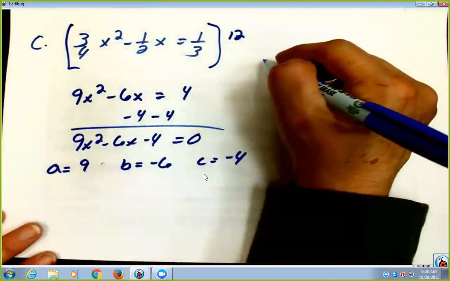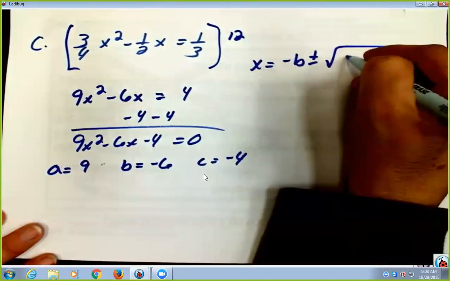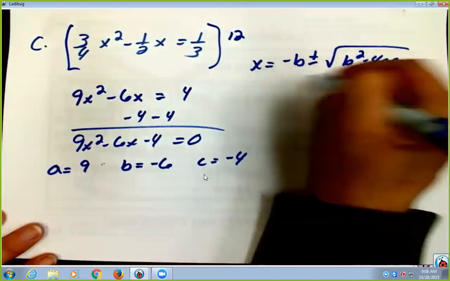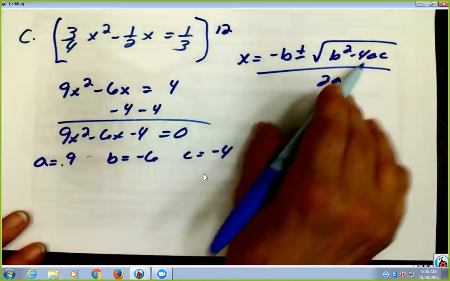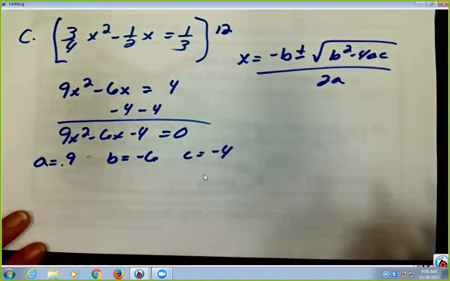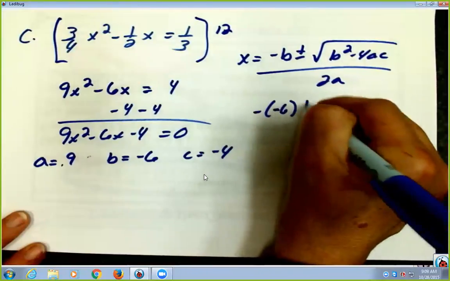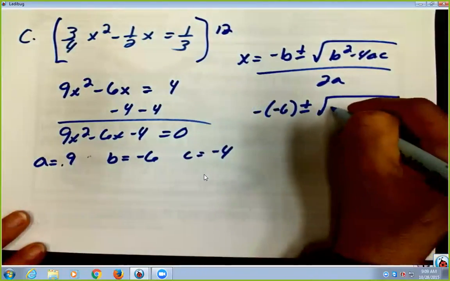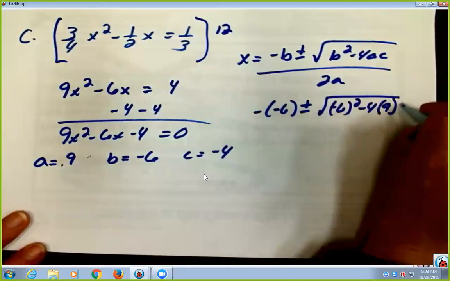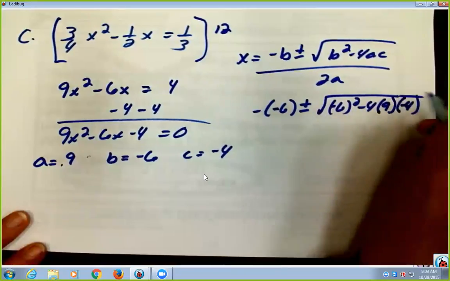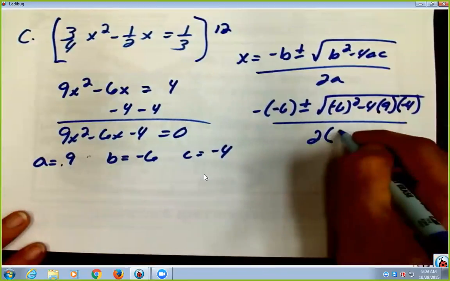So if I write it down again, x equals a negative b plus or minus the square root of b squared minus 4ac all over 2a. Plug in 9 for a, negative 6 for b, and negative 4 for c. So I have a negative times a negative 6 plus or minus the square root of a negative 6 squared minus 4 times 9 times a negative 4 all over 2 times 9.